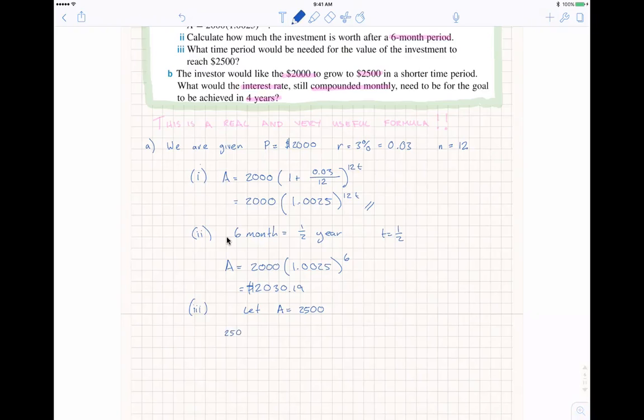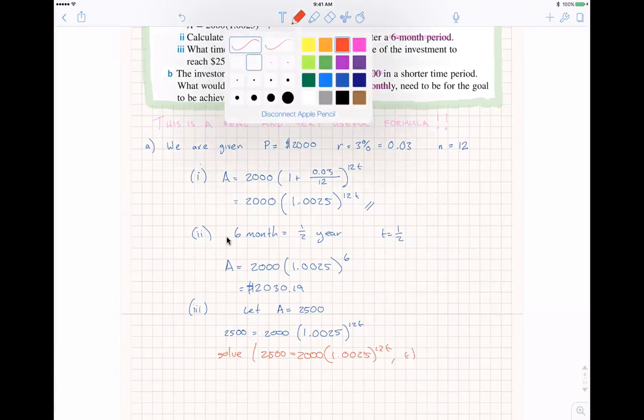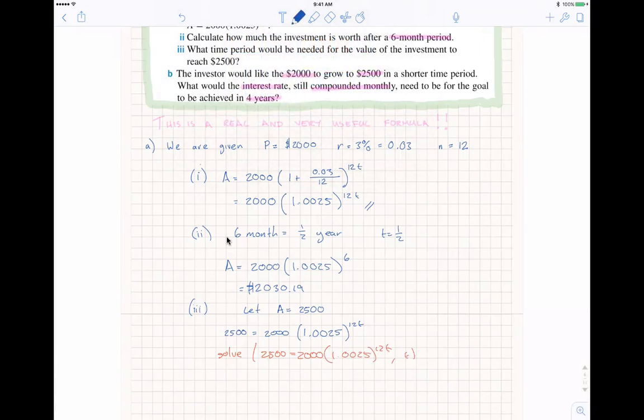So we have 2,500 equals 2,000 times 1.0025 to the power of 12t. And I would put that straight in my CAS. Solve 2,500 equals 2,000 times 1.0025 to the power of 12t. And I would find that t equals 7.4 years.